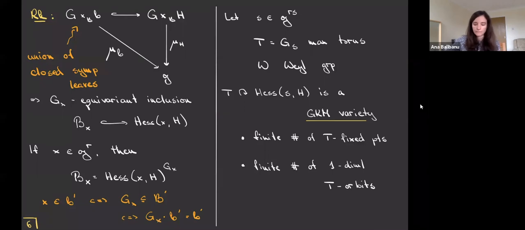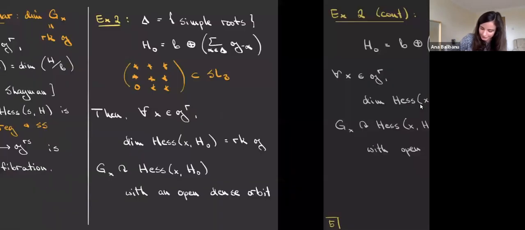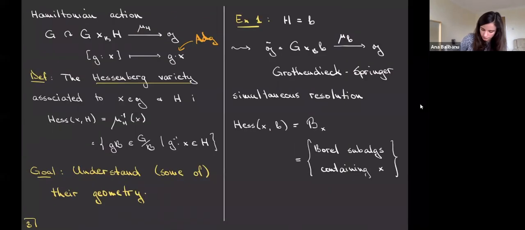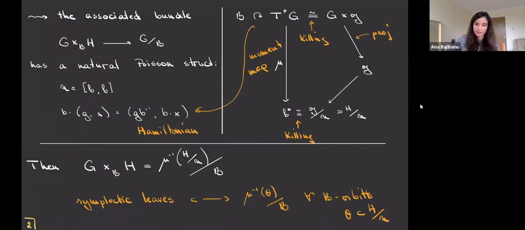Why did you say this was a union of closed symplectic leaves? I didn't explain this. So if you look back to over here where I described the Poisson structure on this family, I think, is this Travis? Cool. Yes. Sorry.